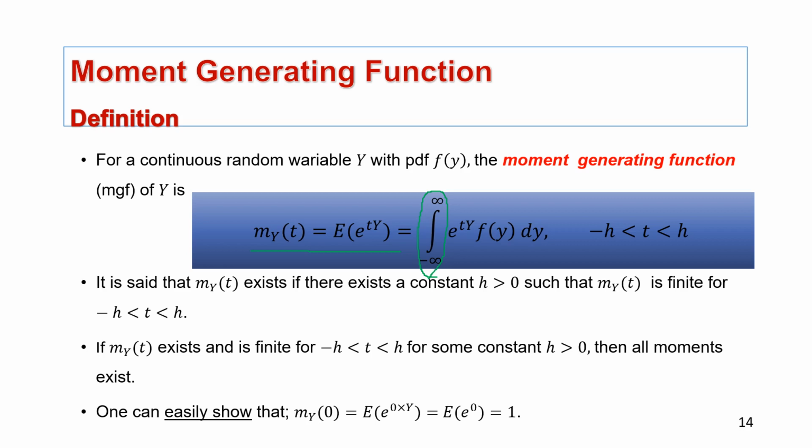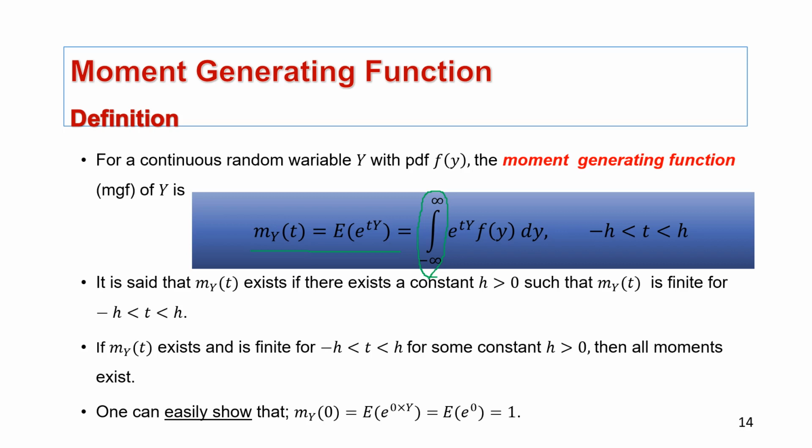Sometimes the moment generating function does not exist, and sometimes we can find it. This means that I cannot find the moment generating function for all random variables.